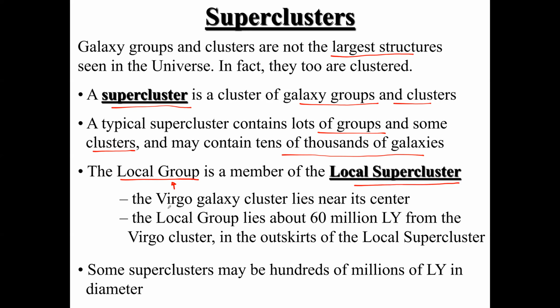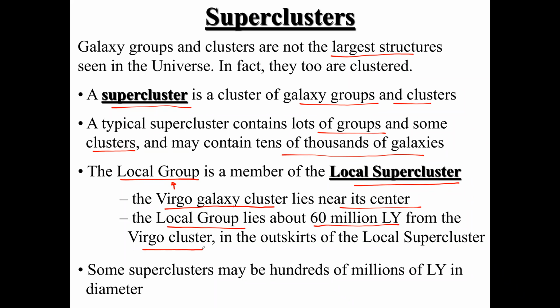And Virgo is the galaxy cluster that lies at the center of this local supercluster. You probably have heard about the Virgo galaxy cluster. The local group, which is our own group, is around 60 million light years from this Virgo cluster.